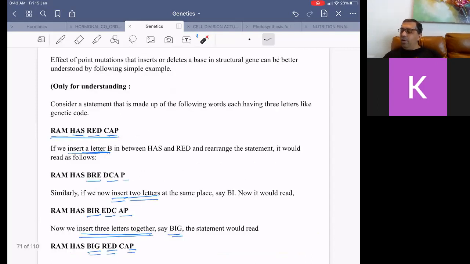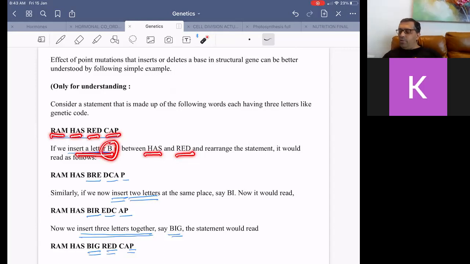And then we have, sir, समझो a sequence of codons. Ram has red cap and we do insertion of a letter. एक लेटर डालते हैं between HAS and red. Ram has red cap के बीच में B डाल दिया.